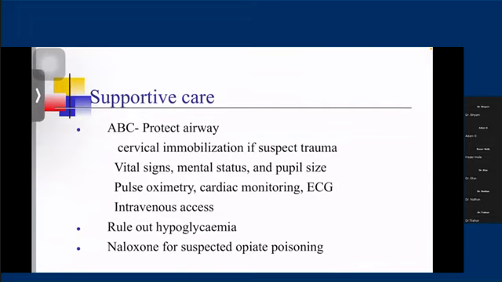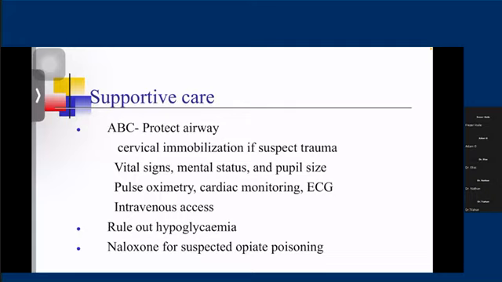Regarding supportive care, we always have to follow the ABCD of life. The first is protecting the airway and immobilizing the cervical spine. Patients who present with poisoning can range from just simple dyspepsia and vomiting to coma.